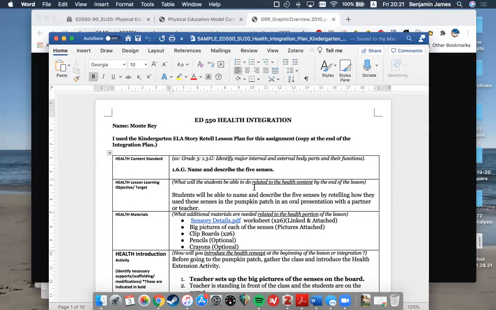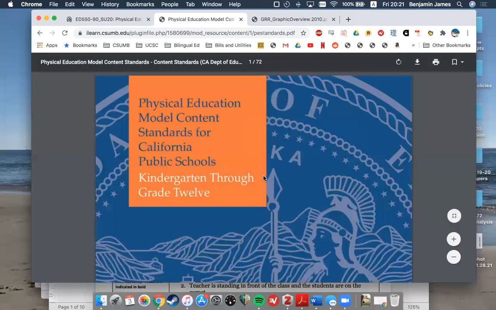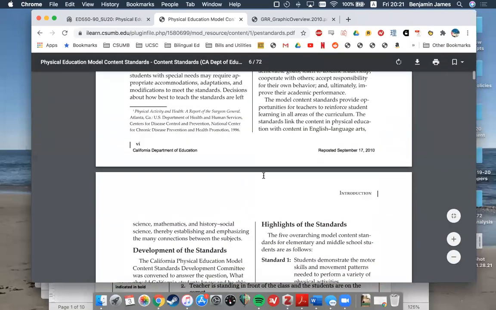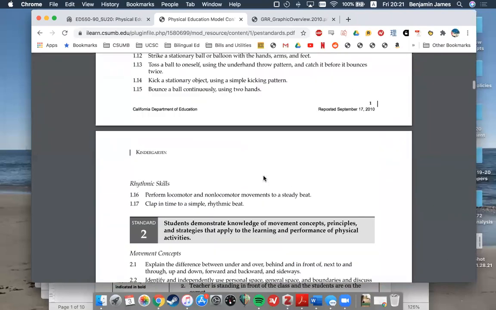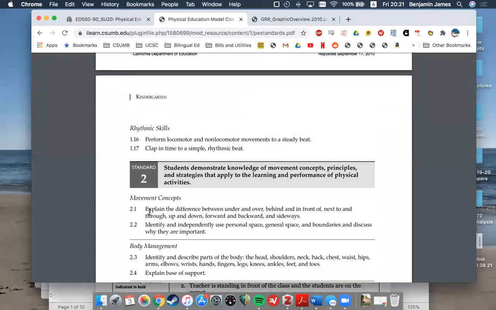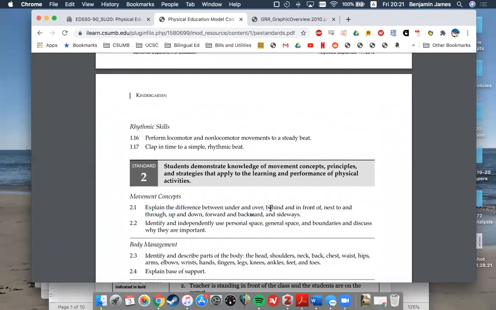And so for your PE lesson plans, if I go to the standards here, and I'll look at kindergarten, some of them: explain the difference between under and over, behind and out. This is explain, right? So we want them to explain. This one says identify and independently use personal space, general space, and boundaries, and discuss why they're important.